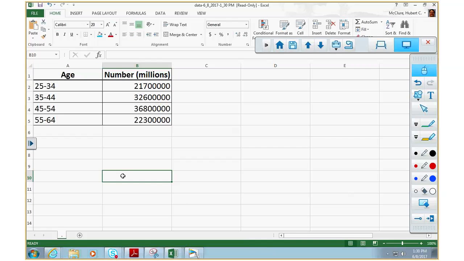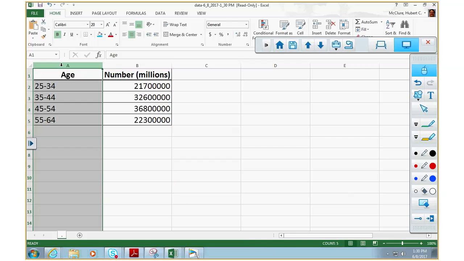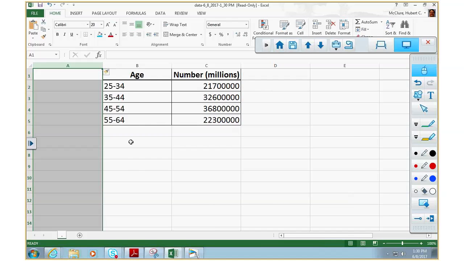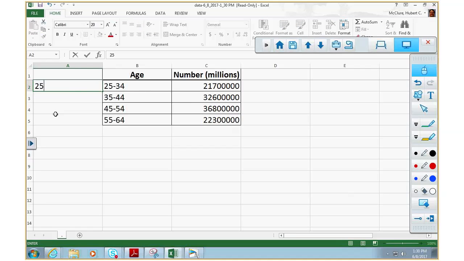Now I am going to make a change. I'm going to insert a column here. Anybody have any idea what I'm going to do? I'm going to break this up because I can't calculate this. The spreadsheet can't calculate 25 to 34. I have to break it up into 25 and then put a 34 right here. Now, if you're an Excel person, you know why.